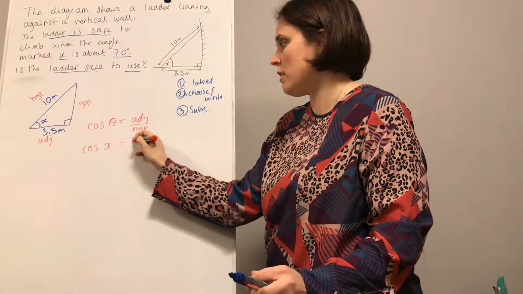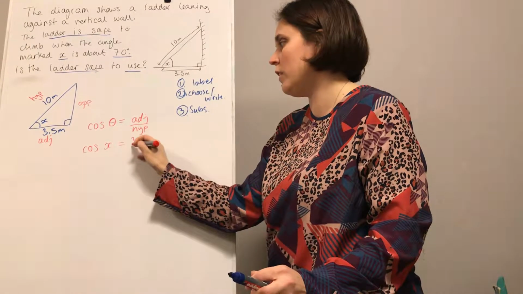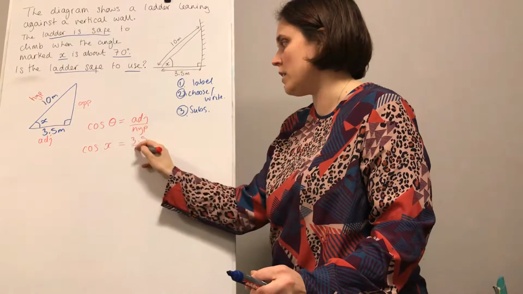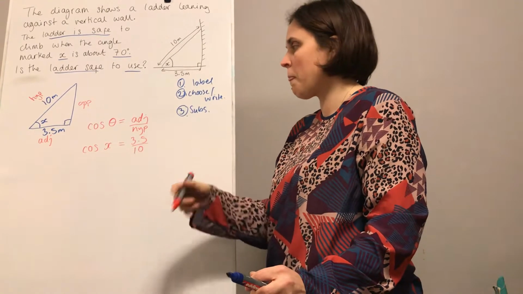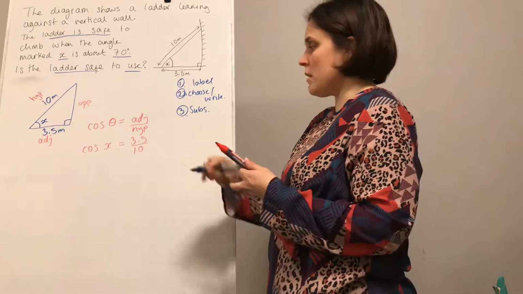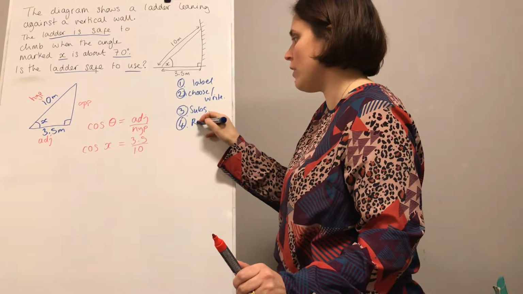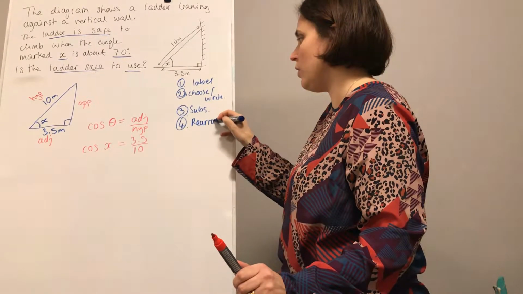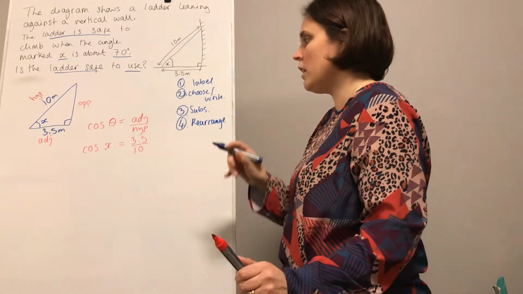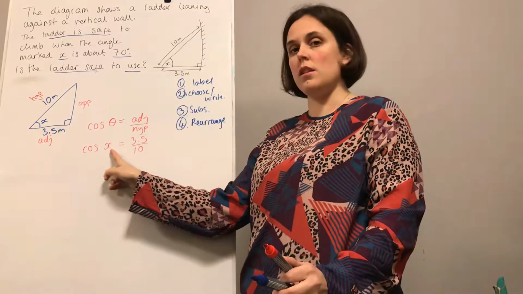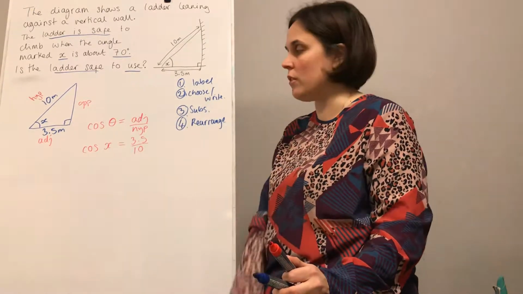Now the adjacent is 3.5 and the hypotenuse is 10. The next step, and sometimes this is the most difficult part, is to rearrange your formula. We need to find x, so we've got to make x the subject of the formula.